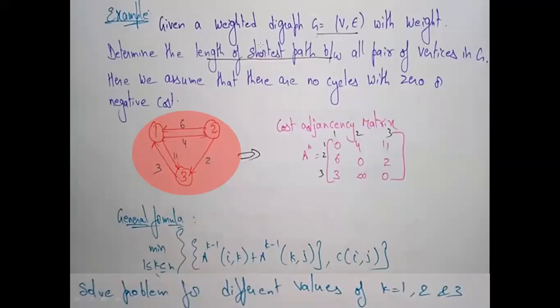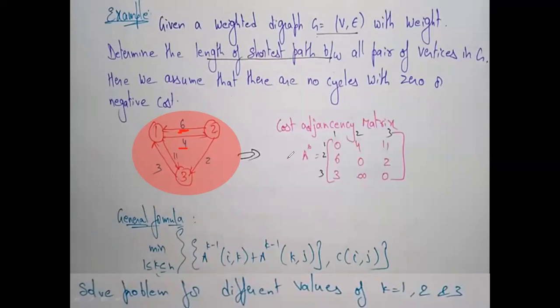Here 1 to 2 the cost is 4, and 2 to 1 cost is 6. So the weight is assigned. We have to determine the length of the shortest path between all pairs of vertices in the graph. We have to assume that in this graph there is no cycle with negative cost.